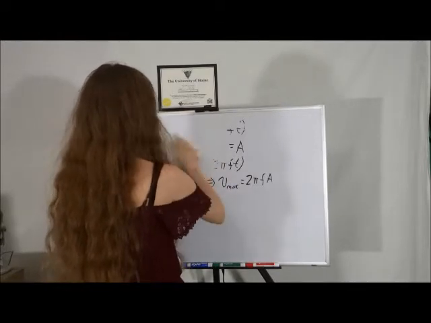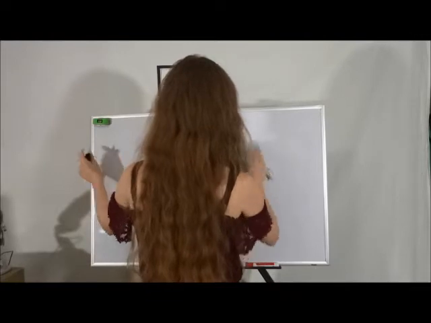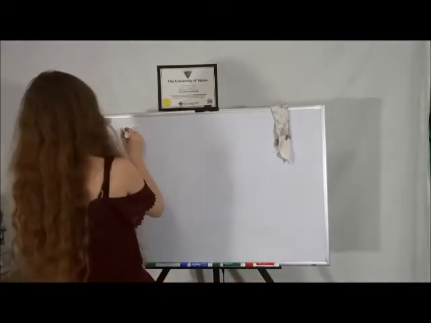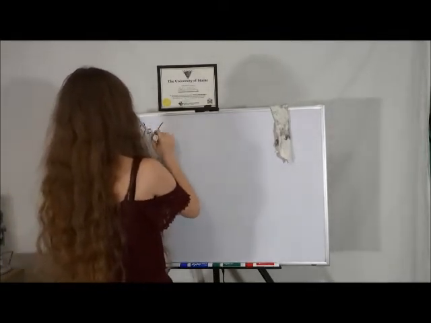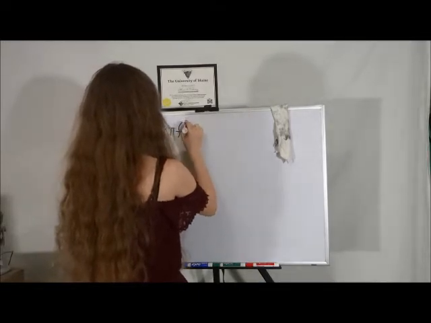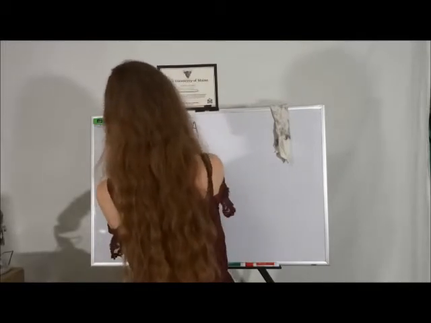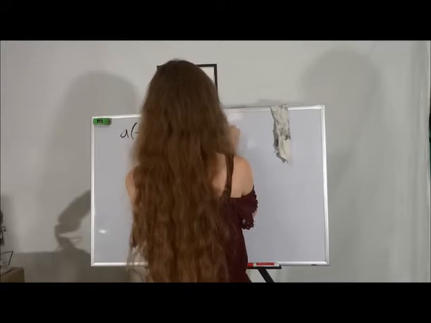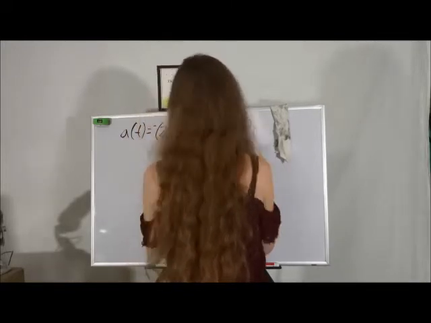Our acceleration as a function of time, we found out last week, was a of t equal to, parenthetically, 2 pi times the frequency, that whole quantity squared, times our amplitude. We're going to have a negative sign out front again, and then this time it's going to be cosine of 2 pi frequency times the time.